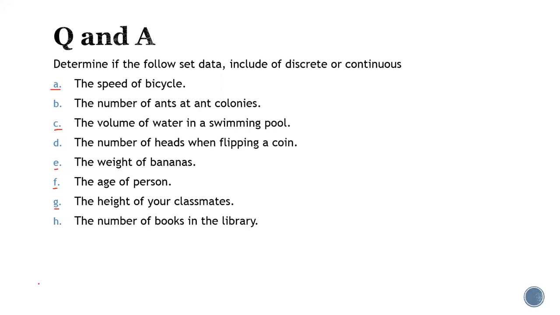Discrete random variables we got as integer numbers, never including decimals and fractions, but continuous random variables include decimals and fractions.